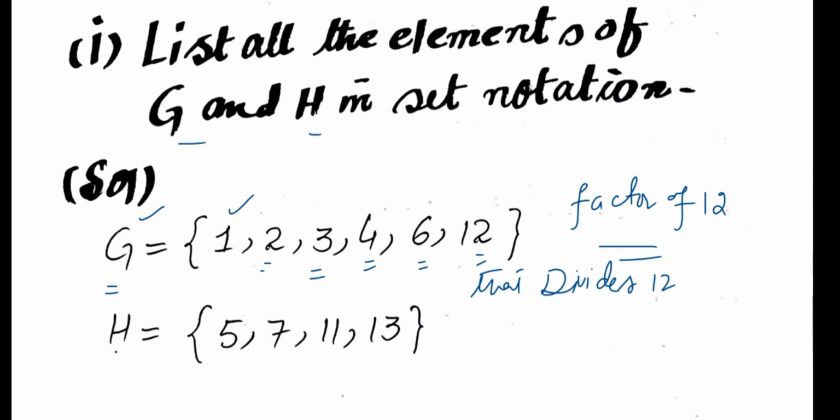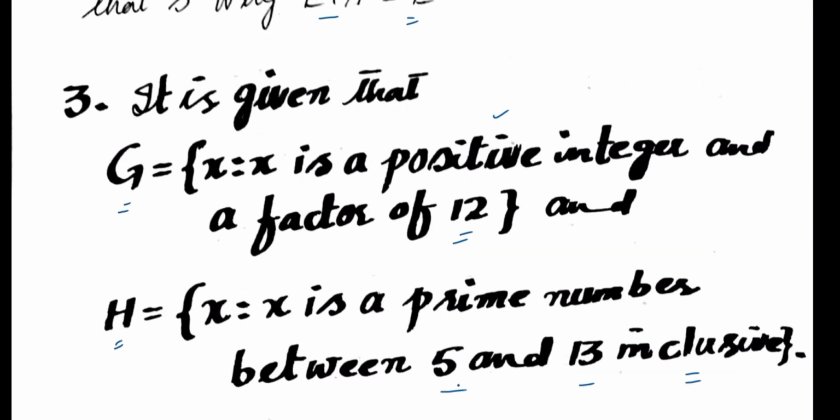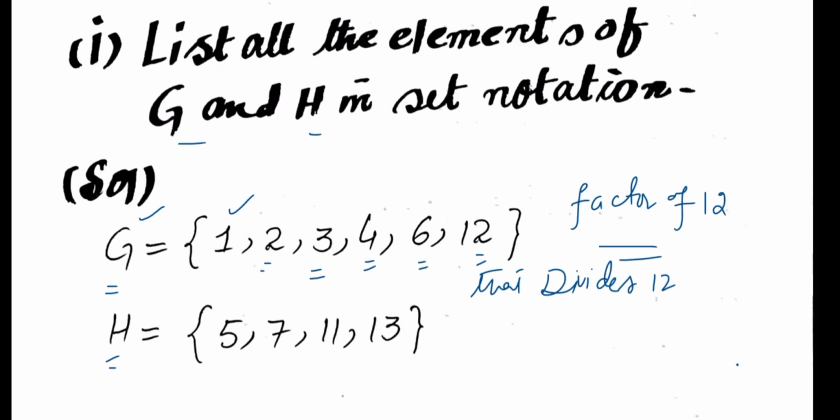Now set H. Set H represents all prime numbers that lie between 5 and 13, and 5 and 13 both are inclusive here. So these are 5, 7, 11 and 13.